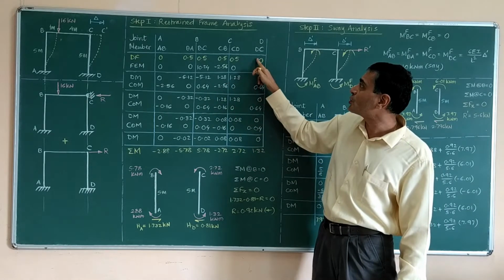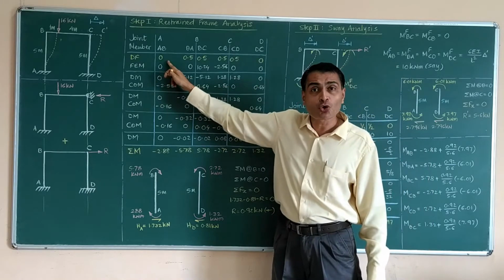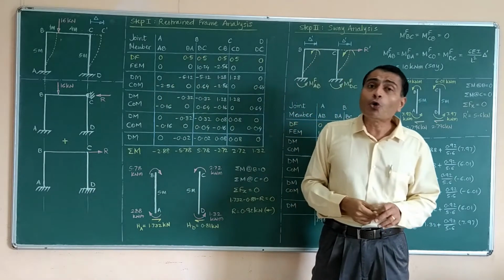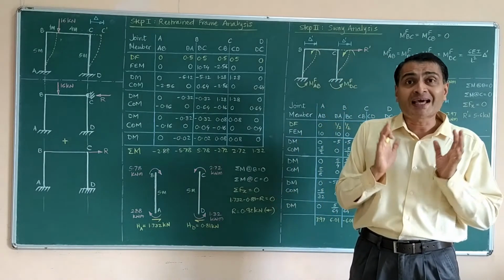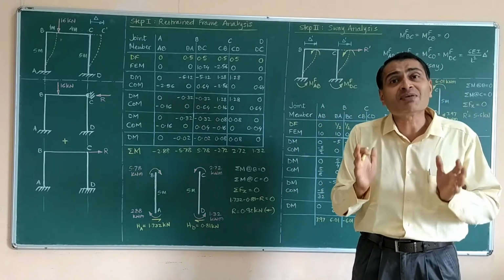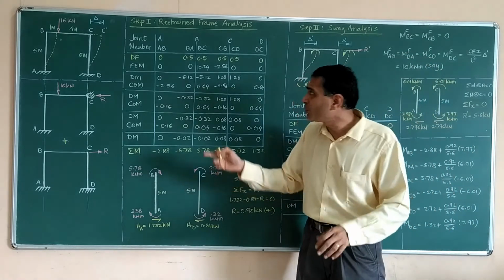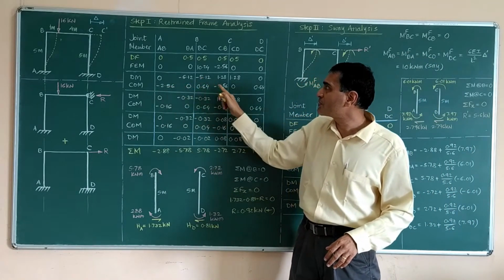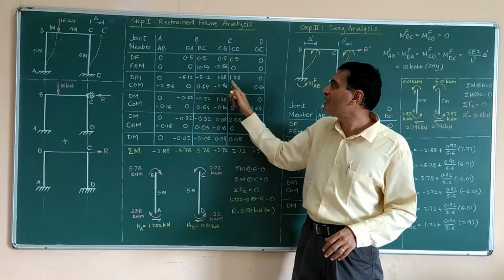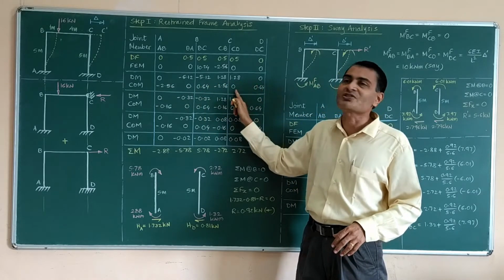Here I am writing 0, here I am writing 0. I hope we have done this often enough and you are getting the same values. Carried over moments, half of this here, half of this here, half of this here, half of this here, half of this here, half of this here.